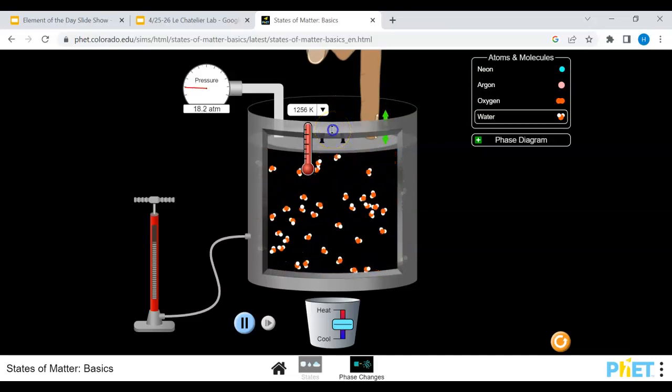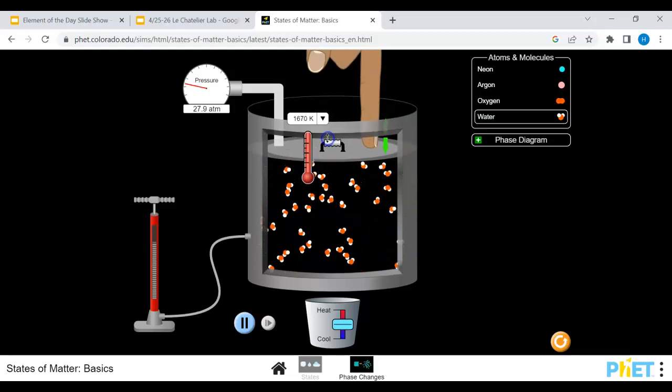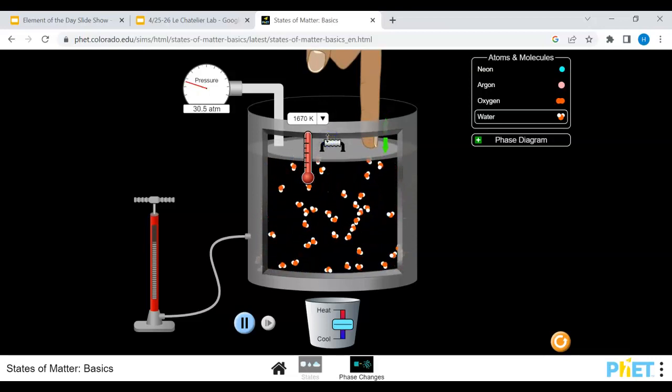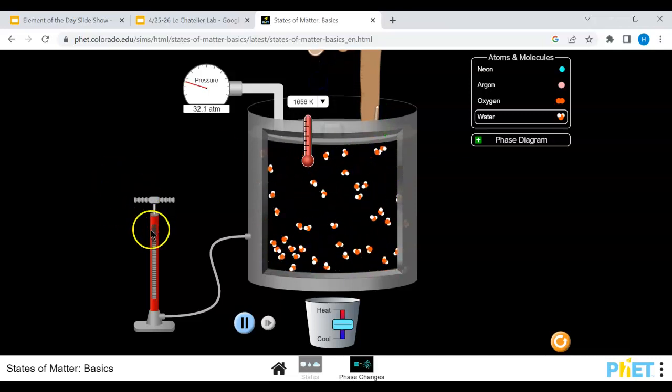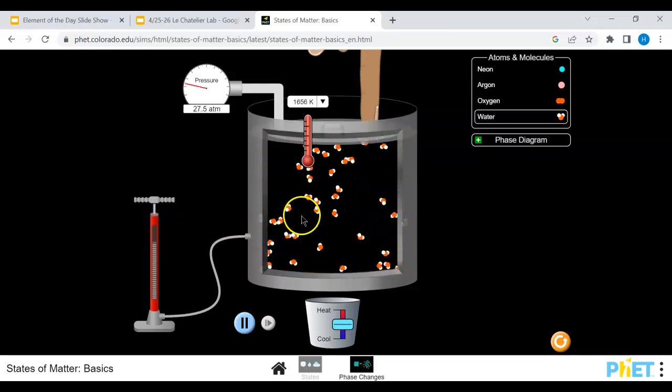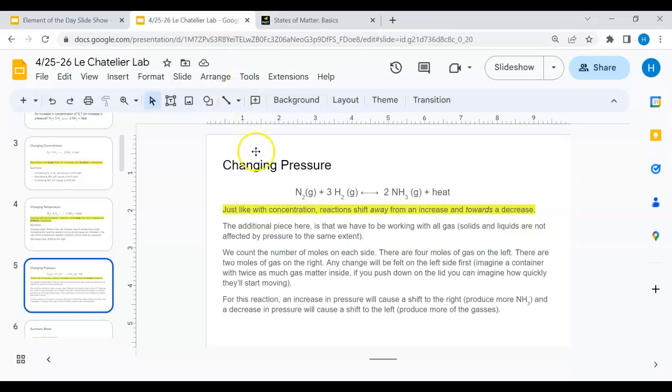We've already got like 8, 10 that are running into each other a lot faster. Now they almost all seem to be having some effect from that pressure. Whereas having fewer moles of material in there, it's not going to affect it as fast. So whichever side has more is going to feel the effect first.